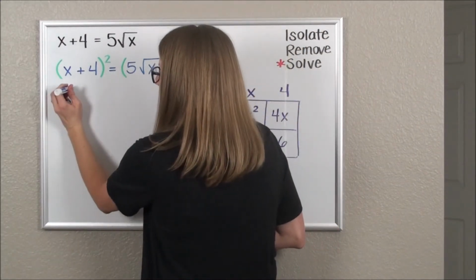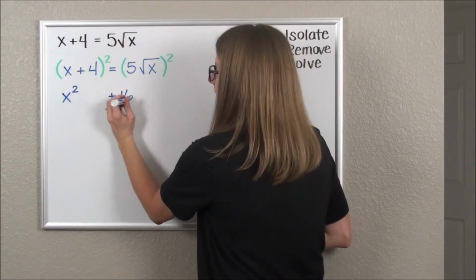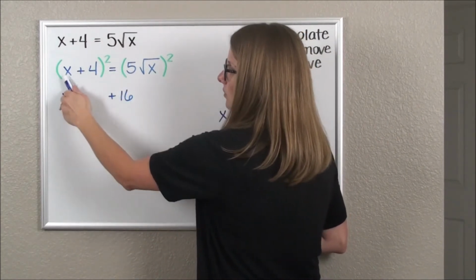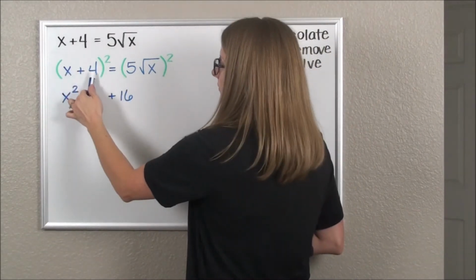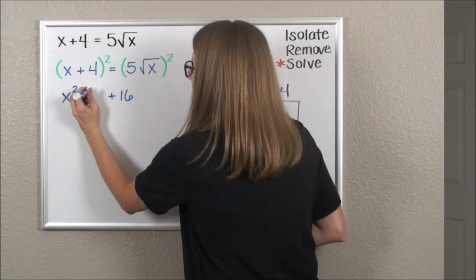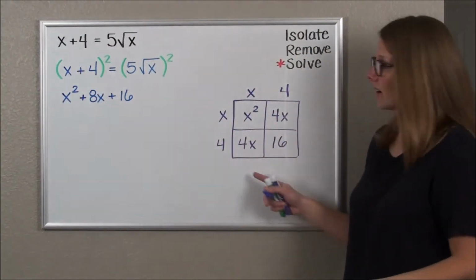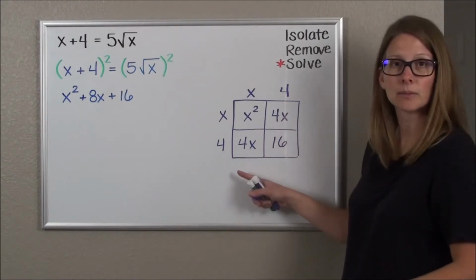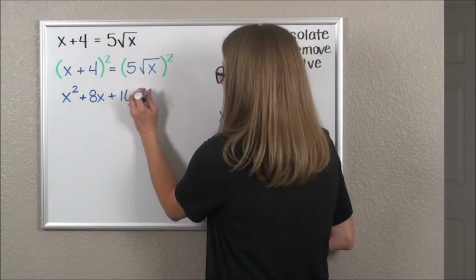But again, you square the first to get the first, you square the last to get the last, and you multiply these and double it to get the middle. So x times 4 is 4x. If I double that, I get 8x. It's the same thing I would have gotten had I done the area diagram and combined my like terms. But if you'd like to use the shortcut to square the binomial, you may.